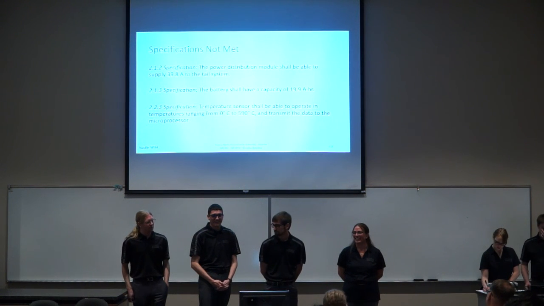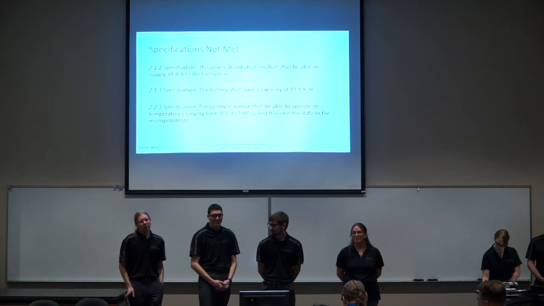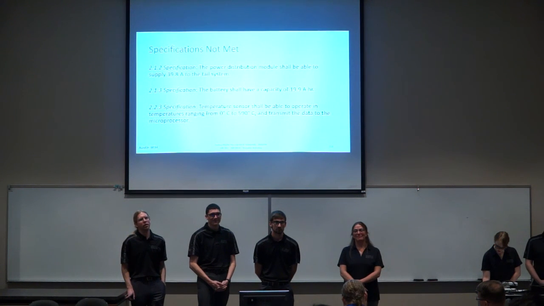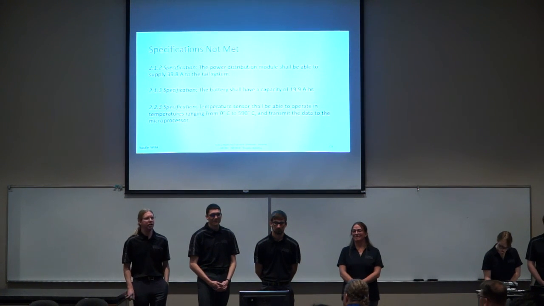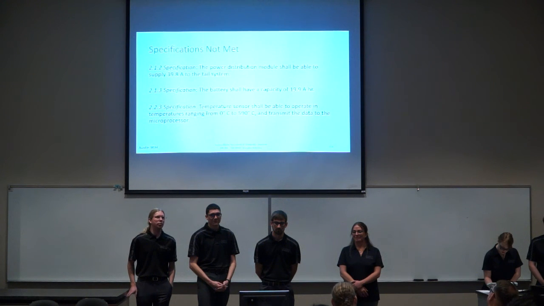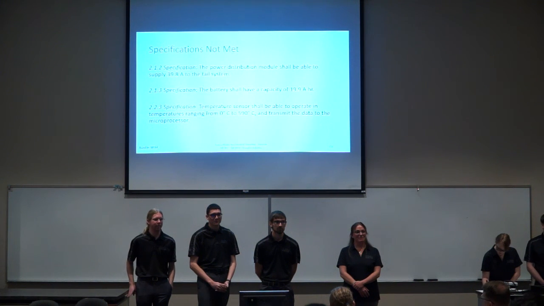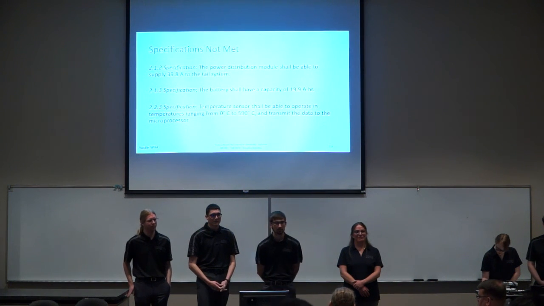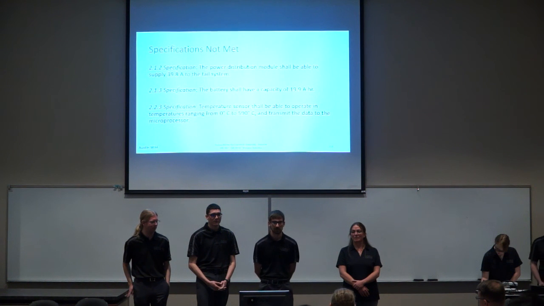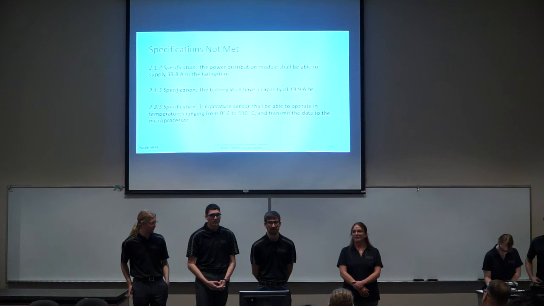On further calculations, it takes a lower current to power the tail system. So the requirements can still be met, but not the specifications. For example, the specification 2.1.3, a 19.9 amp hour battery, those are very large and can be quite expensive.